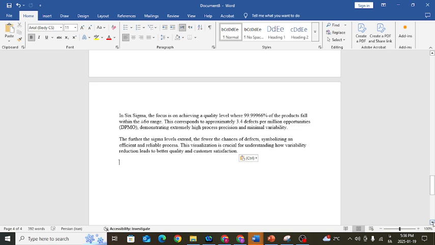The further the sigma levels extend, the fewer the chances of defects, symbolizing an efficient and reliable process. This visualization is crucial for understanding how variability reduction leads to better quality and customer satisfaction.